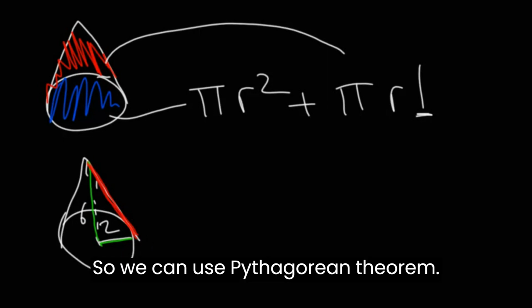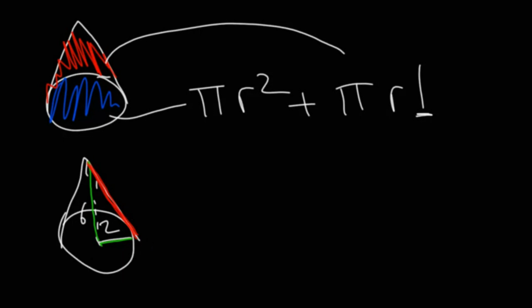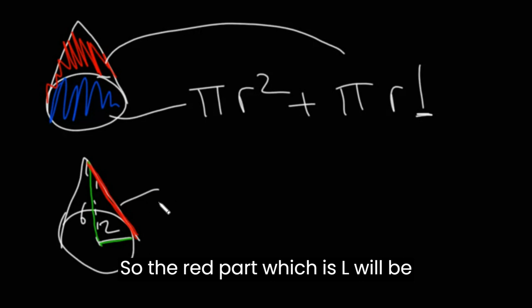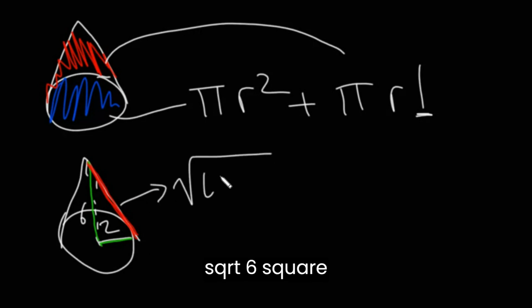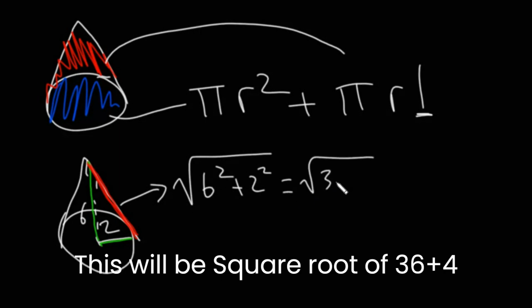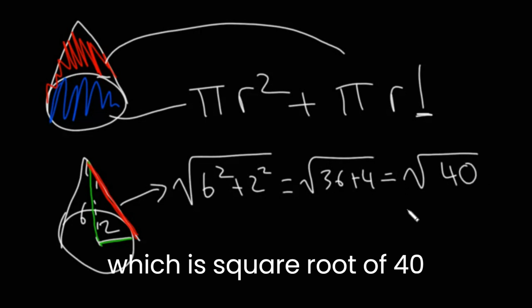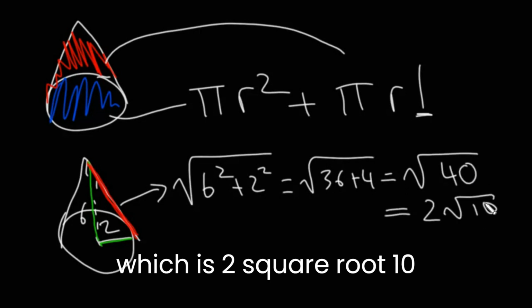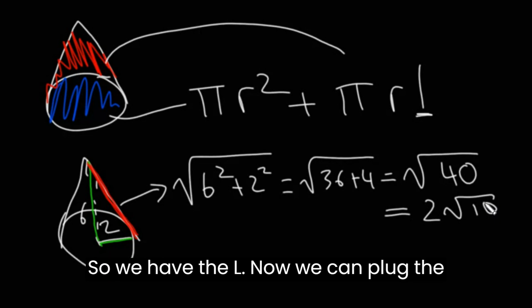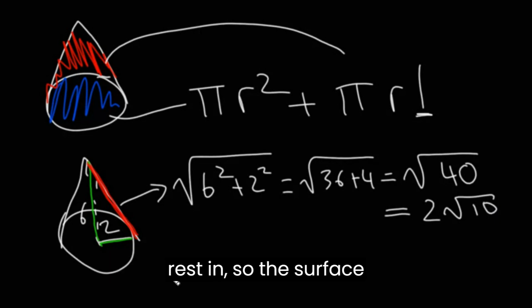So we can use the Pythagorean theorem. The red part, which is L, will be the square root of 6 squared plus 2 squared. This will be the square root of 36 plus 4, which is the square root of 40, which is 2 square root 10. So we have the L. Now we can plug the rest in.